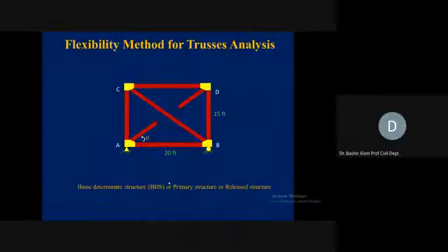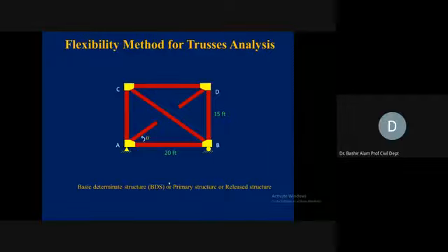Now, this is our basic determinate structure. You see here it is simply supported and has two very clear triangles. Now, the P values will be generated. How will the P values be generated? We analyze this structure under the actual applied loads.